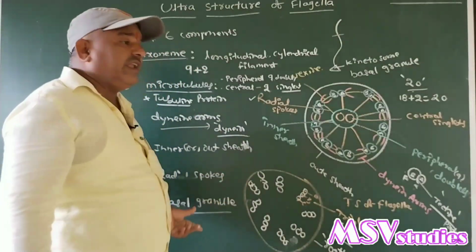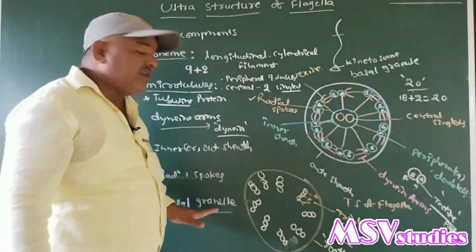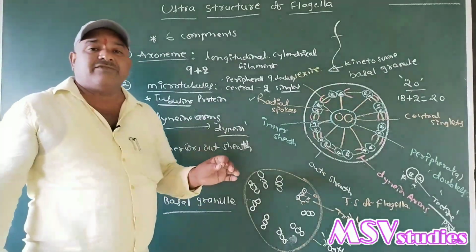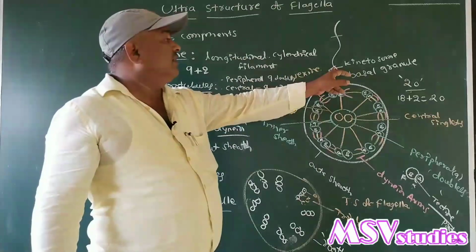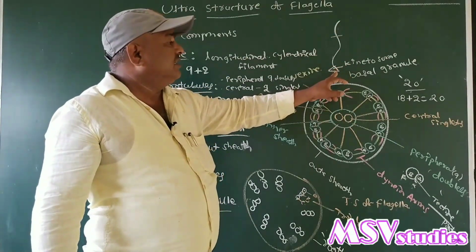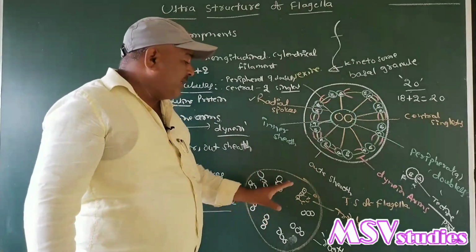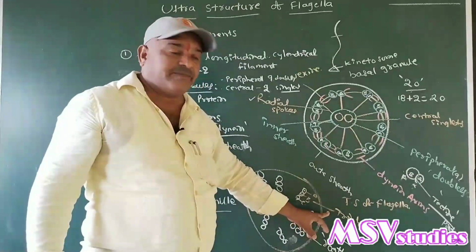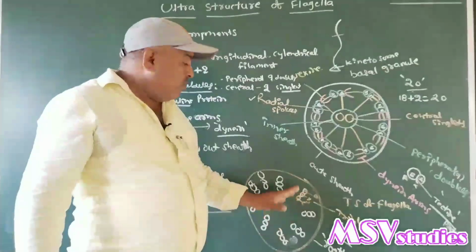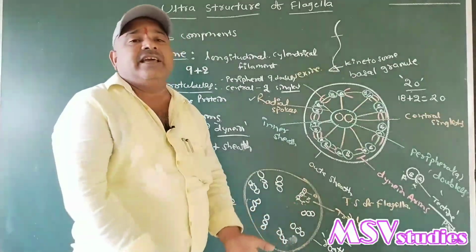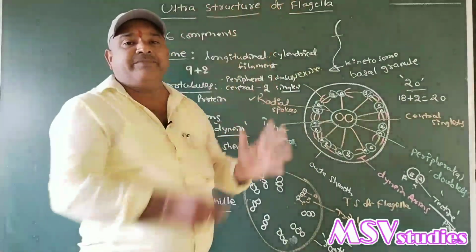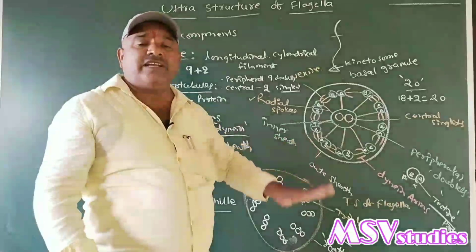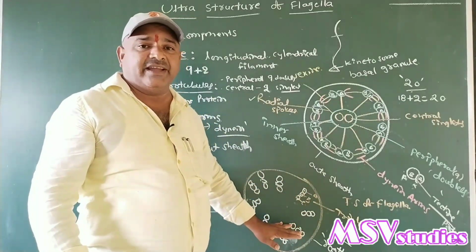And the basal granulae, also known as kinetosome, is the place of origin of the flagella. In the basal granulae, the peripheral microtubules are in triplet form, A, B, C. Only A and B microtubules come outside into the axoneme, but the C microtubule is restricted and located only in the basal granular area.